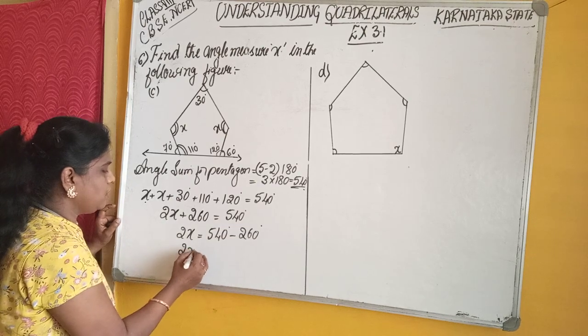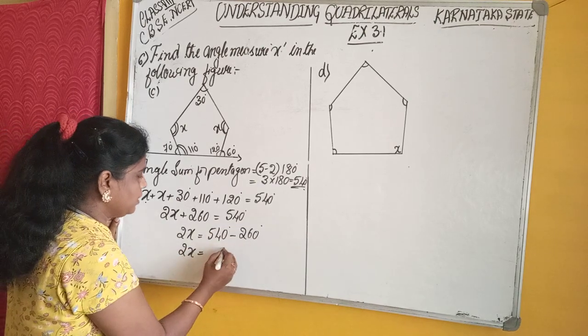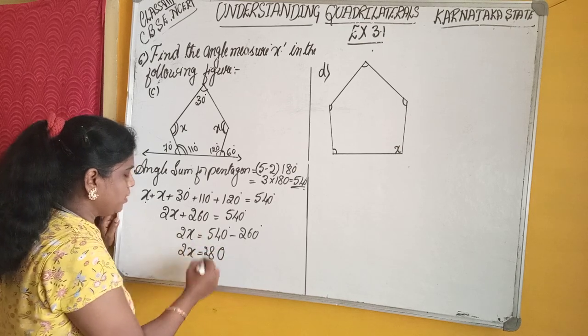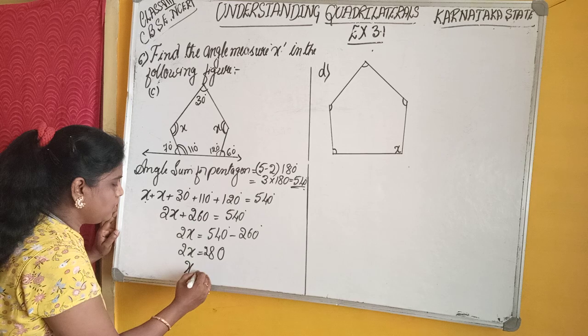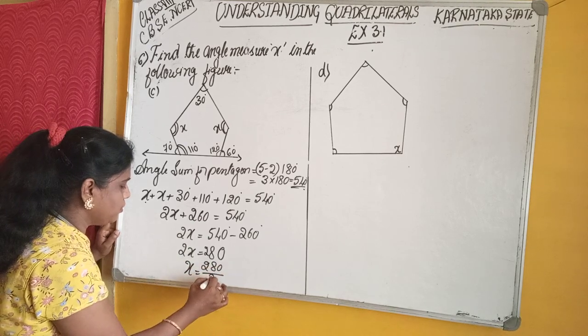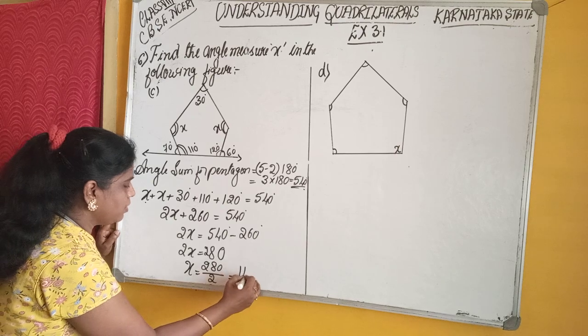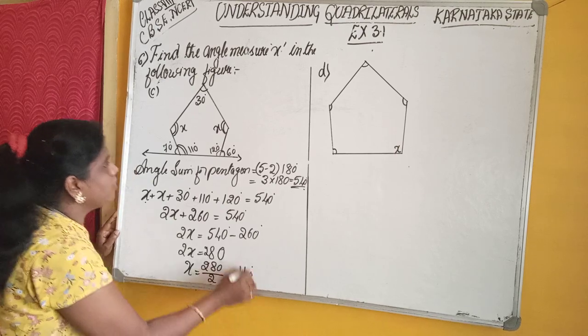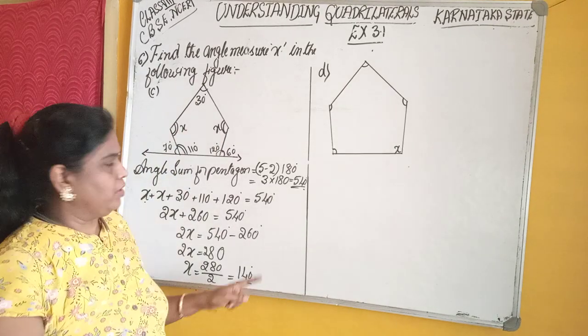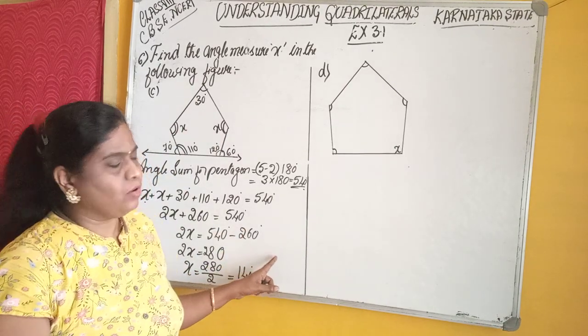Therefore, 2x is equal to 280 degrees. That is, x is equal to 280 divided by 2, that is equal to 140 degrees. What did we get here? Here we got 140 and here also it will be 140. Have you understood students? I hope you follow.